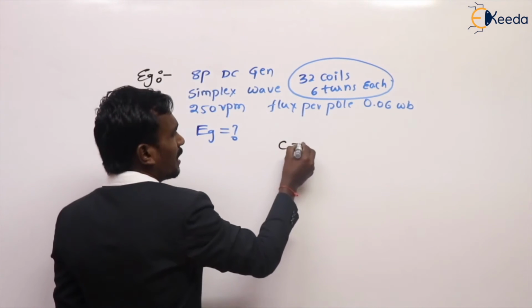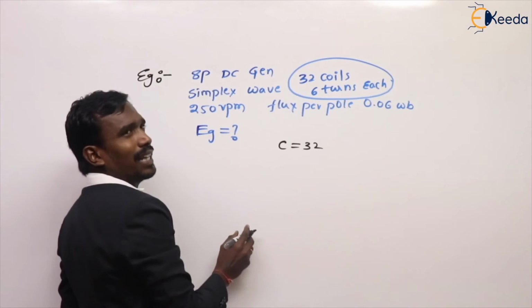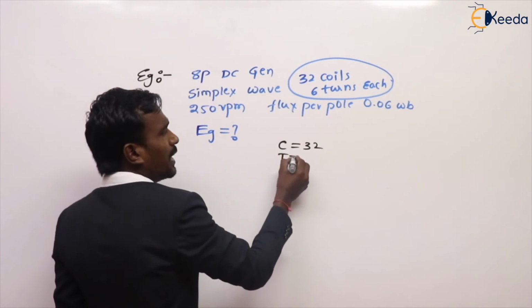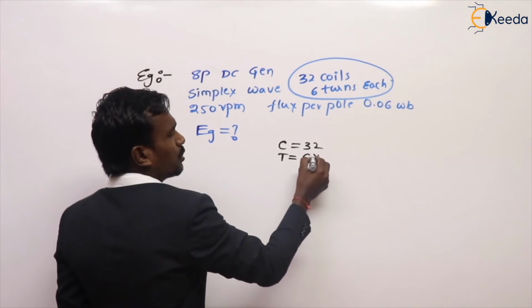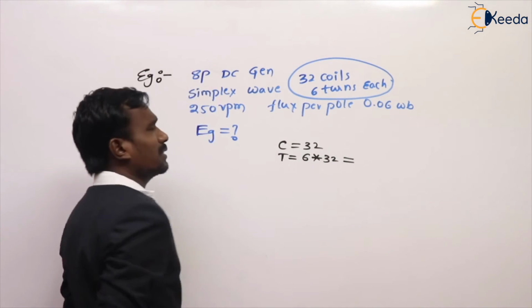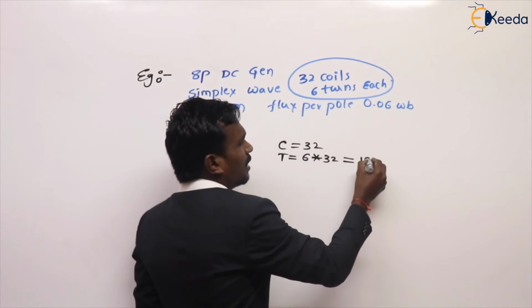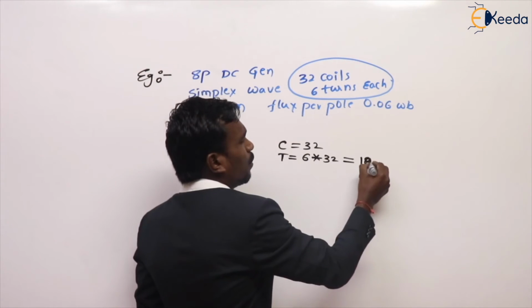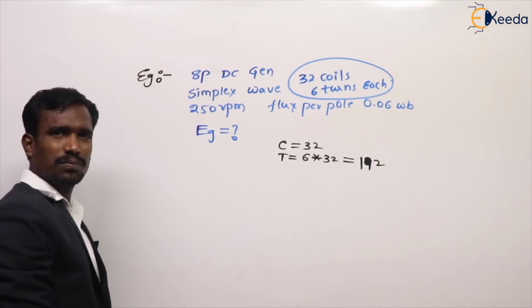Totally the coils are 32, and turns per each coil is 6. So the total turns is 32 times 6, which is 180 plus 12, 192. 192 is the number of turns.